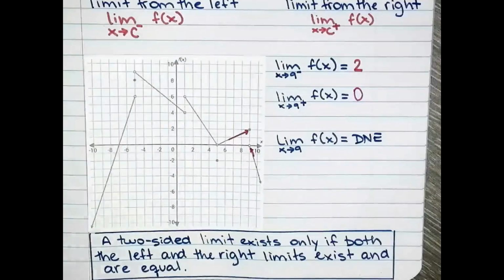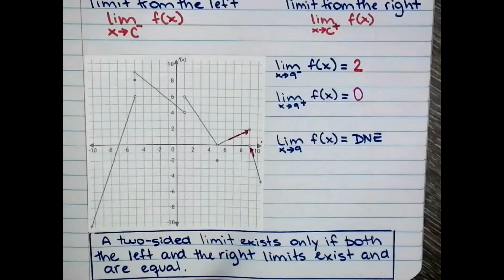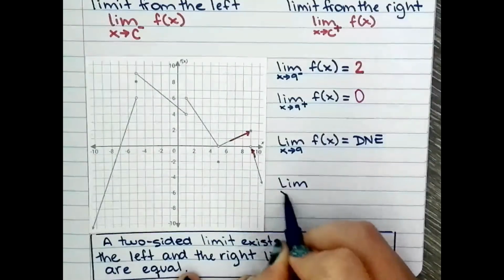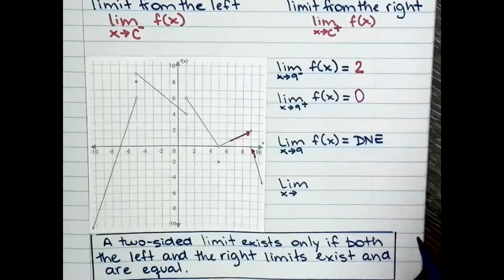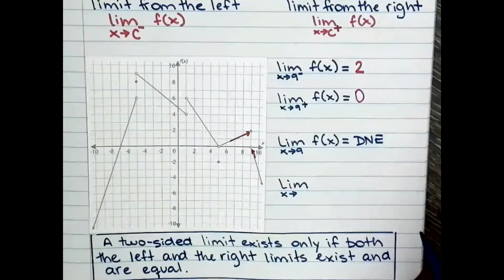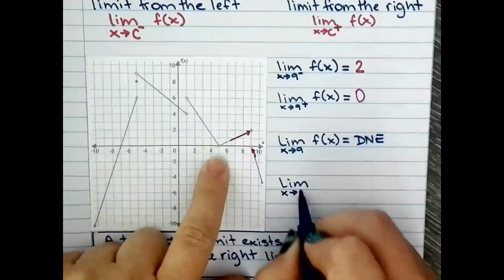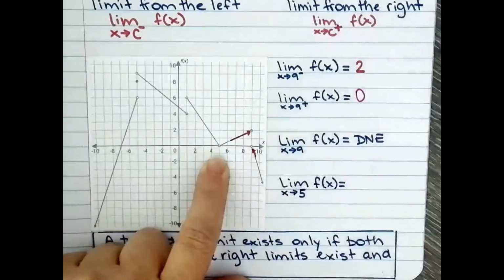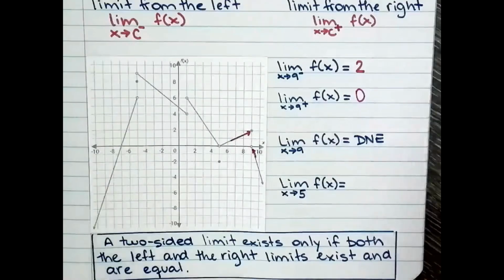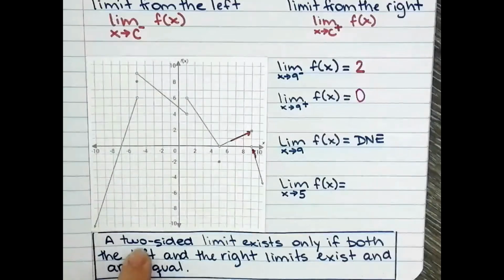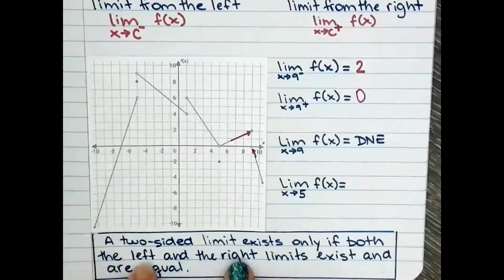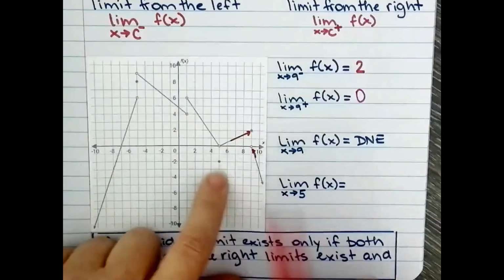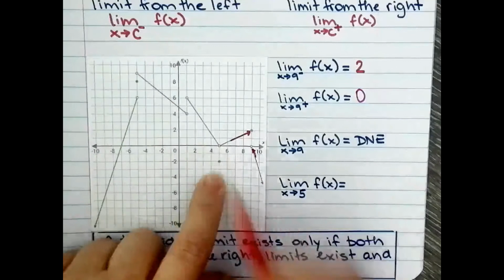Okay? Now let's say that we're looking for the limit as x approaches, let's see, I don't know, 5 of f of x. In order for the two-sided limit to exist, they have to be the same. And in this case, when you're approaching 5, this is just the f of x.